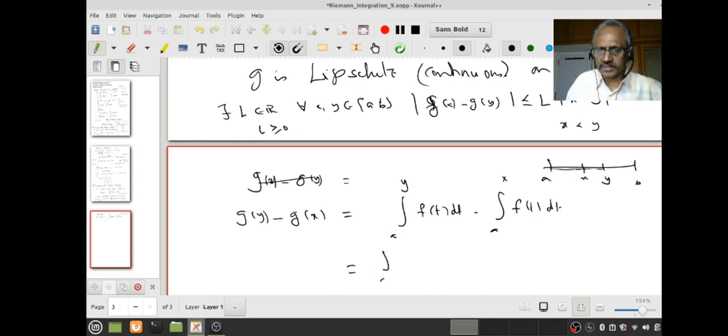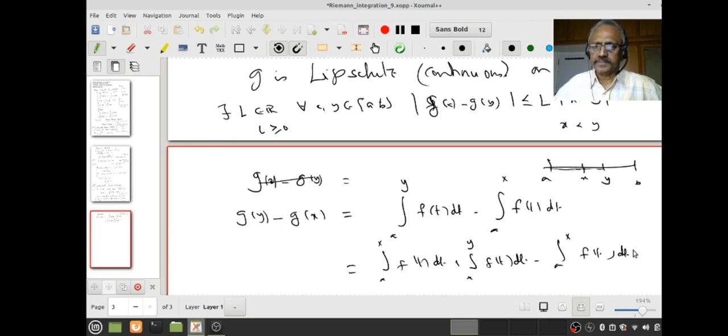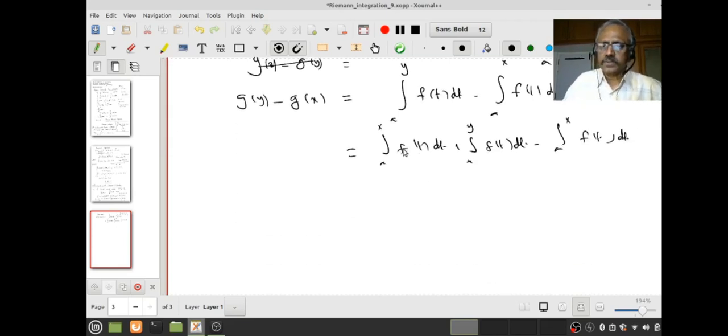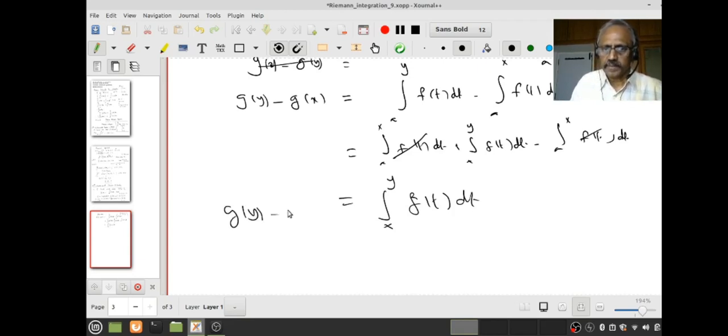Therefore I can write this as the integral from a to x of f(t) dt plus the integral from x to y of f(t) dt minus the integral from a to x of f(t) dt. You follow that? Remember, these are all real numbers, therefore they get cancelled. Therefore I am left with the integral from x to y of f(t) dt. Therefore g(y) minus g(x) is equal to this.